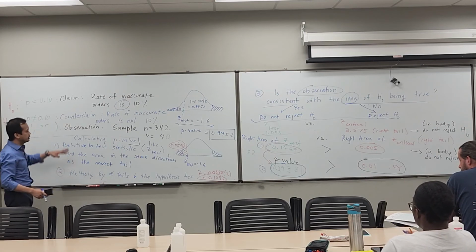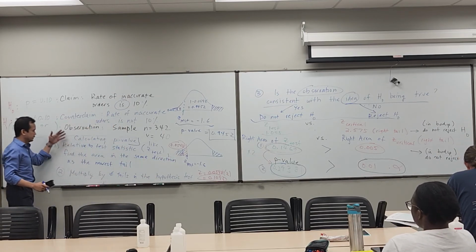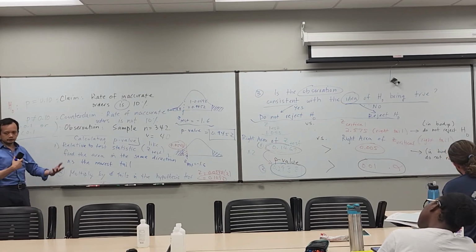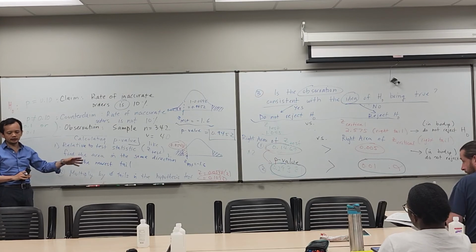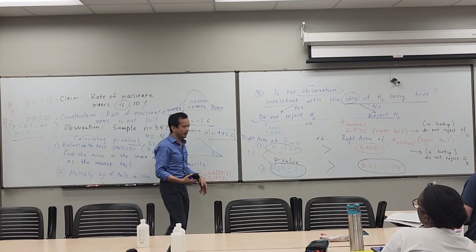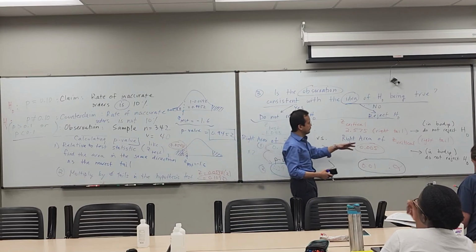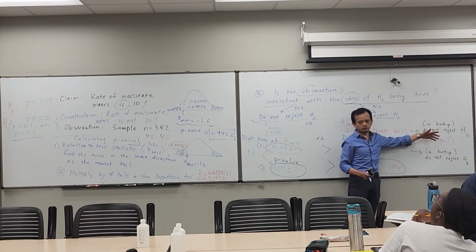Okay, so this is calculating the p-value, given an observation. So now what we'll talk about is after you've calculated the p-value, or somebody else has calculated the p-value and given it to you, how do you make the correct conclusion using that p-value? How do you conclude whether the observation is in the body or the tail, and whether to reject H0 or not reject H0?